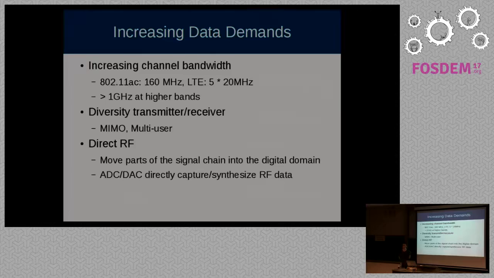LTE supports channel bundling or channel aggregation of up to 5 20 megahertz channels into one logical 100 megahertz channel. And at the higher bands, like what's in discussion for 5G and also Wi-Fi AD, you get channels which are more than a gigahertz wide. For example, for Wi-Fi AD, I believe your channel is 2.6 gigahertz. So you have to capture all this data and get it somewhere.